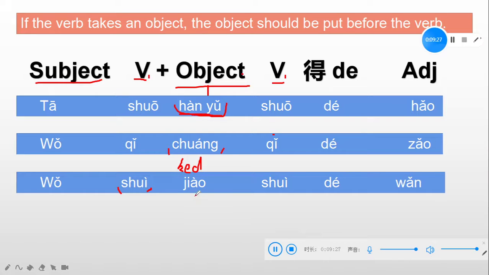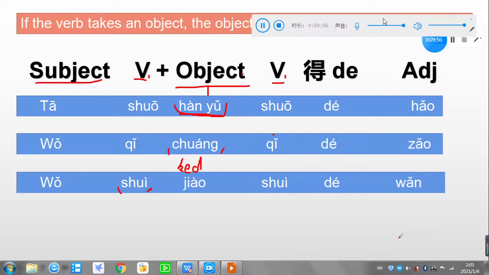In Chinese, 觉 can be used as a noun. I can say 觉 can refer to a sleep, maybe a 2-hour sleep, or a 5-hour sleep, or a night's sleep, something like that. So 我睡觉睡得晚 means I sleep late.